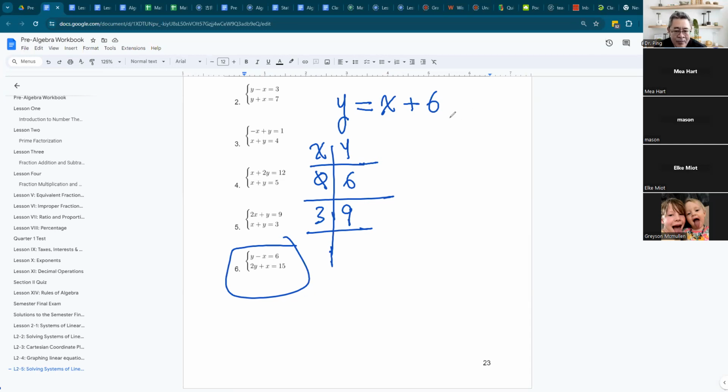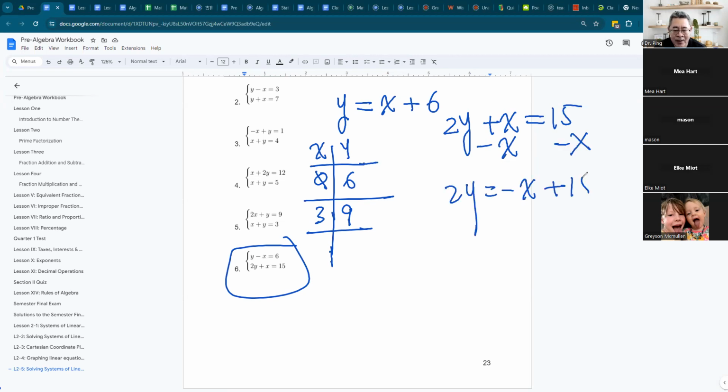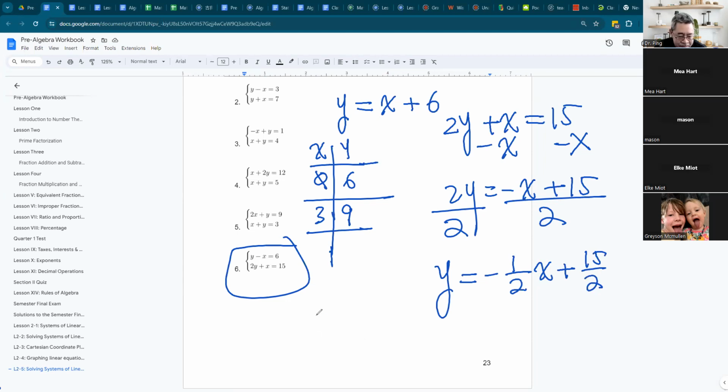Then I look at the other one, which is 2y plus x equals 15, then minus x on both sides. So 2y will be minus x plus 15. Then we're going to divide by 2 on both sides. Now we change that to y equals negative half x plus 15 over 2. Now, if you set x to 0, then we got 15 over 2, which is 7.5.